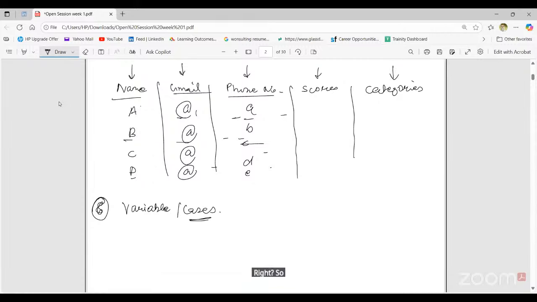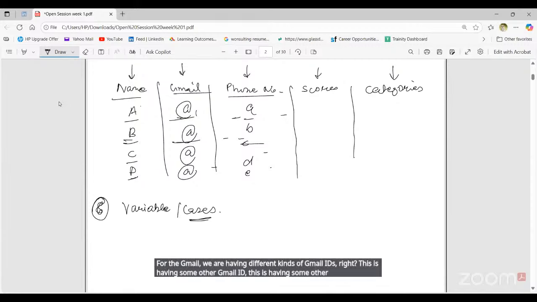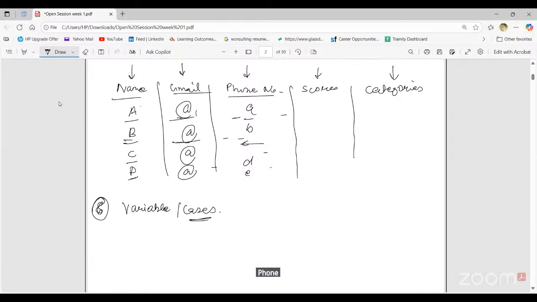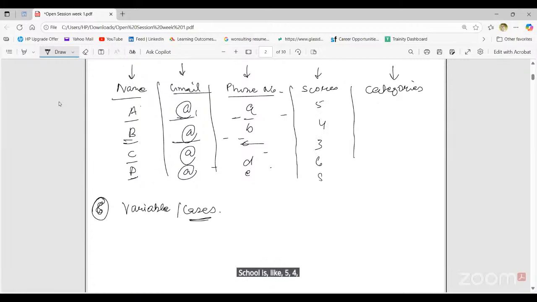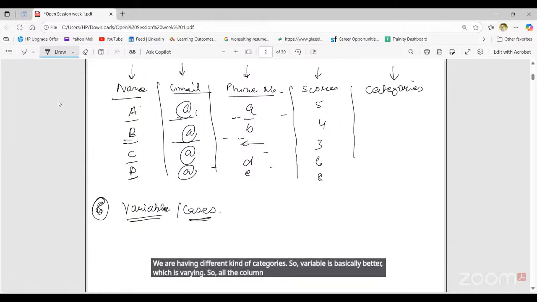In the name, we have different kinds of values, A, B, C, D. For the Gmail, we have different kinds of Gmail IDs. Phone numbers, we have different kinds of phone numbers. We have different kinds of scores like 5, 4, 3, 6, 8. We have different kinds of categories. So a variable is basically something which is varying. So all the columns are basically my variables.